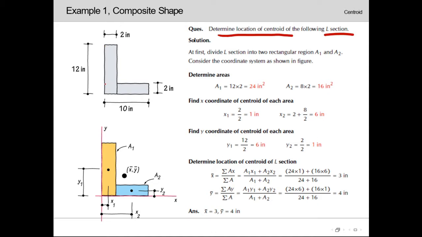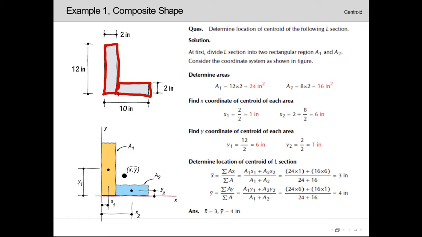We can consider these as segment 1 and another one as segment 2, or we can also consider it as segment 1 and another segment over here.